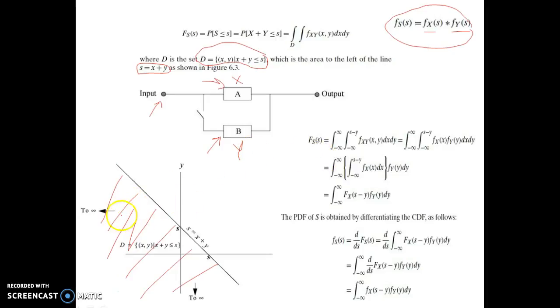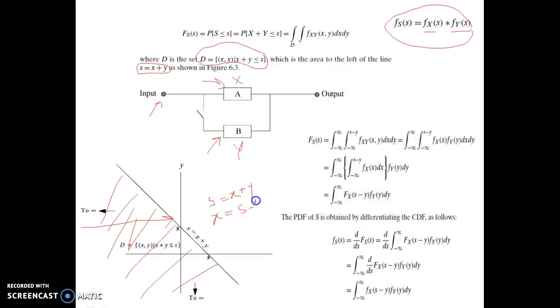But the limit for x will not be from minus infinity to plus infinity. It starts from minus infinity, but it stops at this straight line, s equal to x plus y.